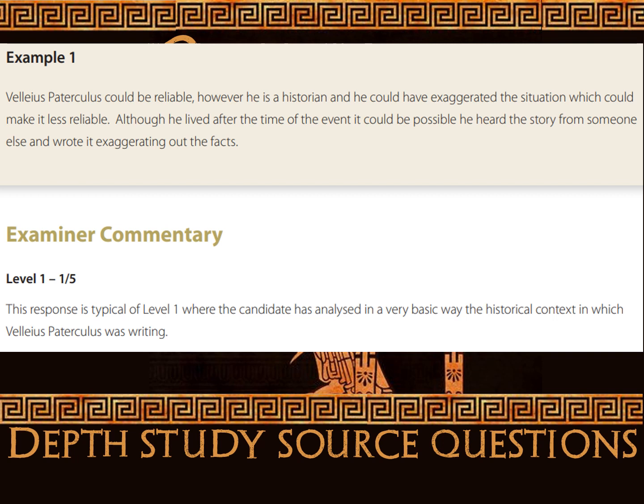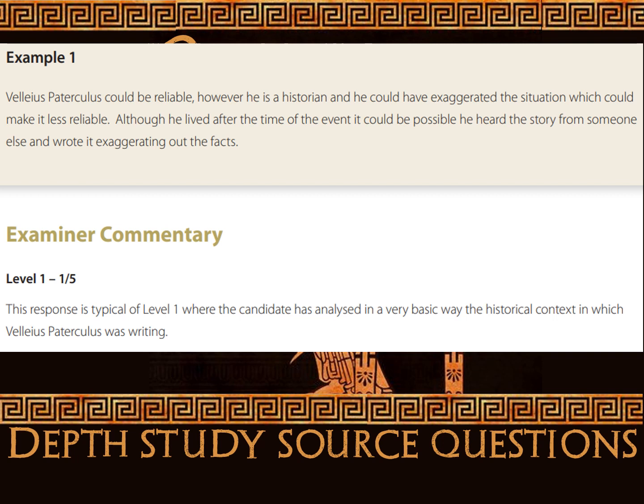If they're there at the time, they're a journalist. Historians generally do not live through the events they are writing about. That's the whole point of it. Yes, there are some exceptions, but generally, please don't write, oh, the historian wasn't there, so how would they know? Do they possibly research things, read things? It's just a redundant comment, and you're never going to get any marks for it.